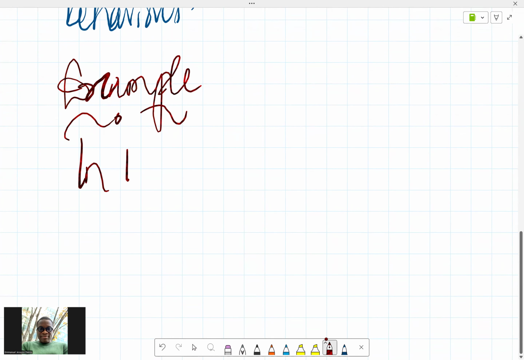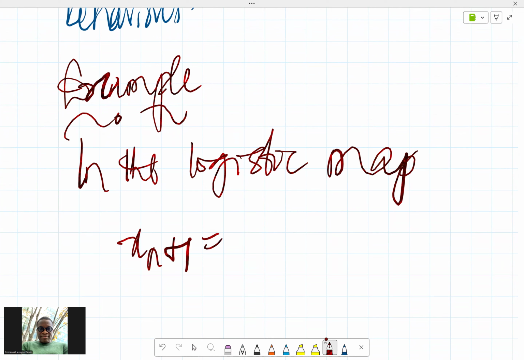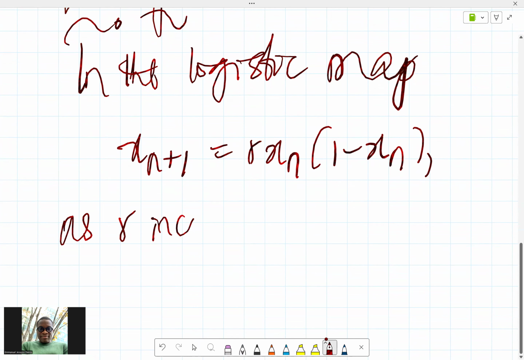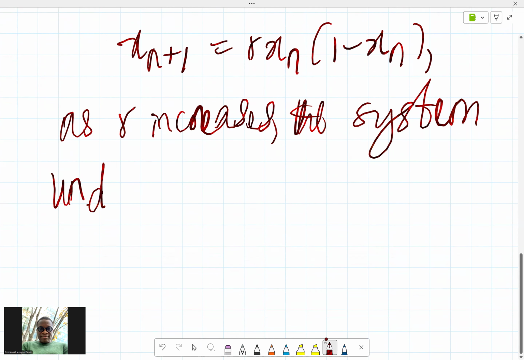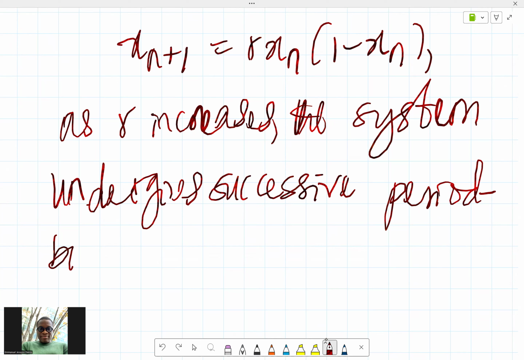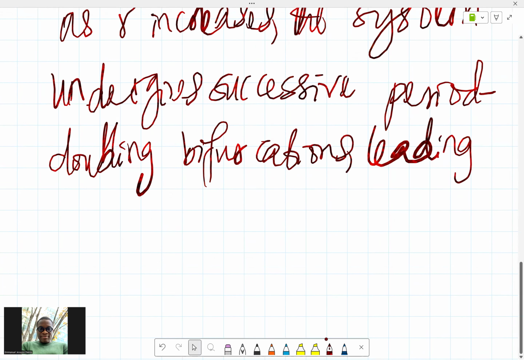In the logistic map, x_{n+1} = r x_n (1 - x_n), as r increases, the system undergoes successive period doubling bifurcations, leading to chaos.